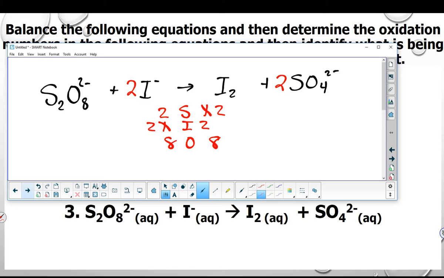So that one shouldn't have been too hard to balance, right? Okay, go ahead and put the charges up, if you haven't put the charges up.